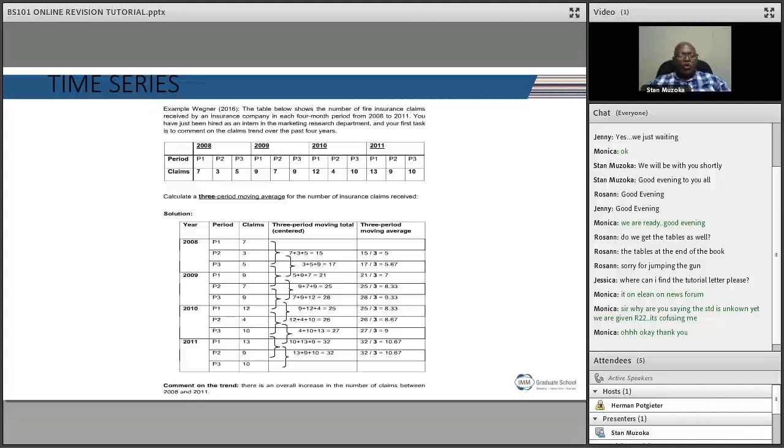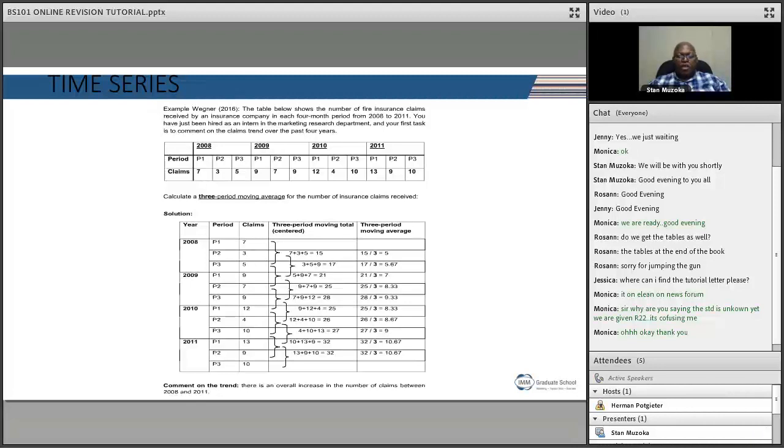You then get your average values: 5, 5.67, 7, 8.3, 9.3, 8.3, 8.6, 9, 10, 10.